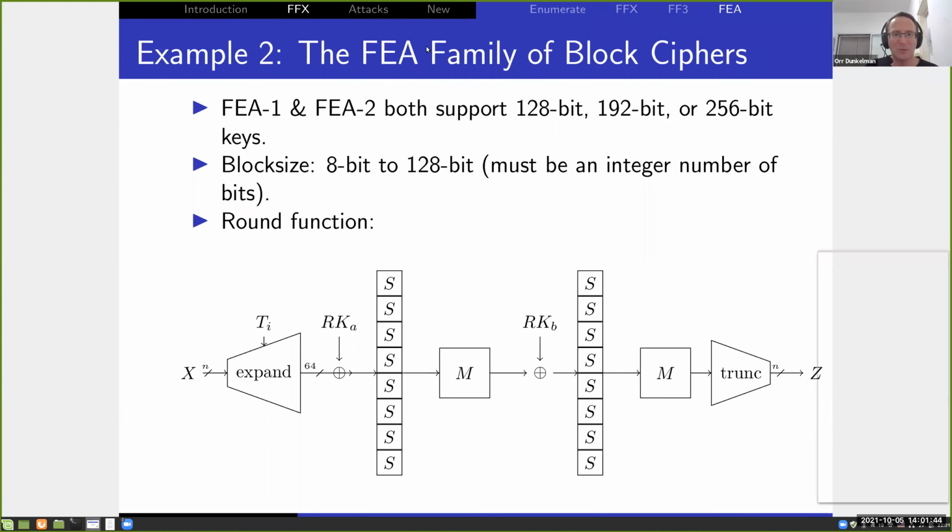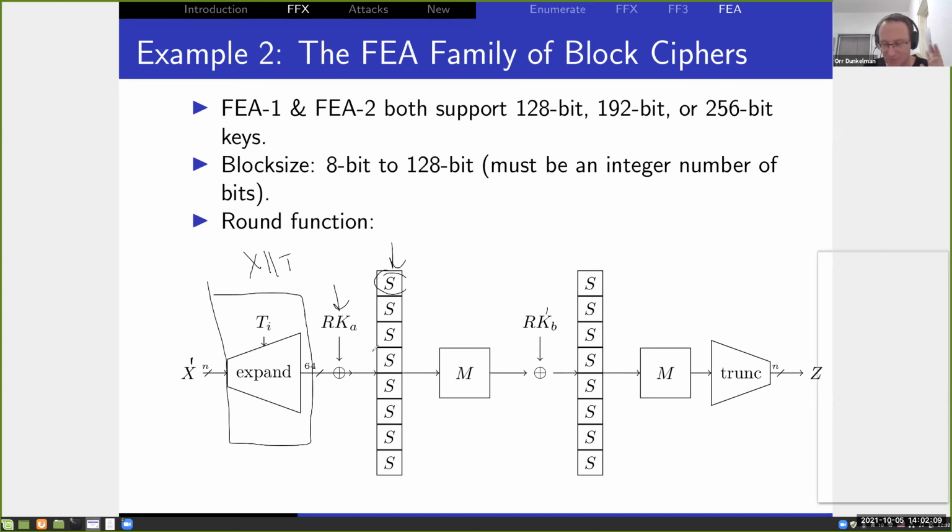I would mention several elements here. They're in the slides, for those of you who want to see them later. First of all, the expand is just concatenating X with the tweak. This is the expand function. This is a subkey. This is a subkey. These are the AES S-boxes. This is an MDS matrix. So what happens, even if you change a single bit here, you have 1 active S-box here. If you know what active S-boxes are, good.